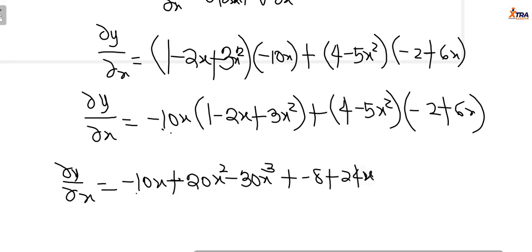That is 4 times 6. Then you make use of this to multiply this as well. Minus 5x squared times minus 2, we have plus 10x squared. Minus times minus is plus, 5 times 2 is 10, there's no x here, so we have x to the power 2. Then minus 5x squared times plus 6x, we have minus, minus times plus is minus, 5 times 6 is 30, and x is power what? 3.